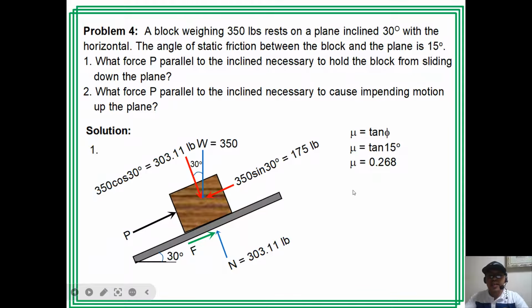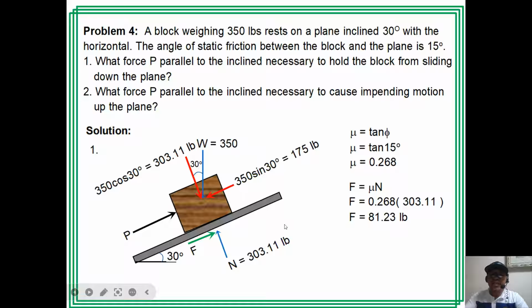Then our F is mu times N, so we can solve for F. Notice F is 81.23, and the component of the weight along the incline is 175. This is greater than the friction, so the tendency is that the block will slide down, and then we need a force P to hold it.